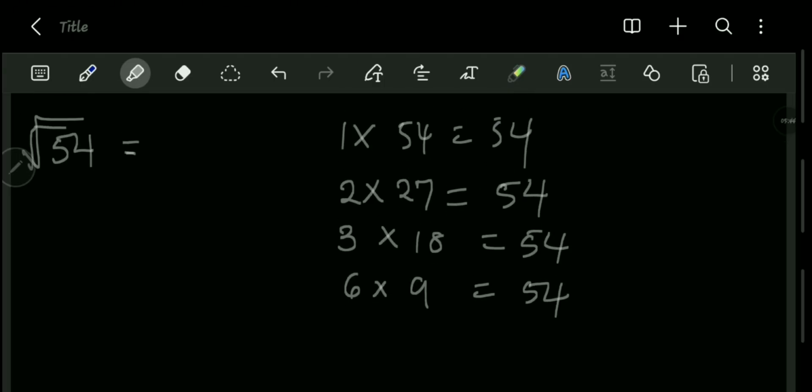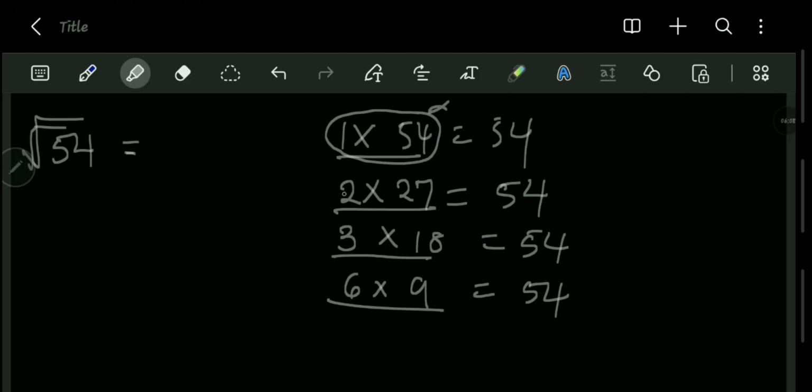You see, I'm looking for the factors of 54. That's why I'm doing this. 7 is not a factor. 8 is not a factor as well. So I think that should be all. So now, between these pairs, which of them has a perfect square? Obviously we can't start from the first pair, it's ruled out. Now between these, which of them has a perfect square?